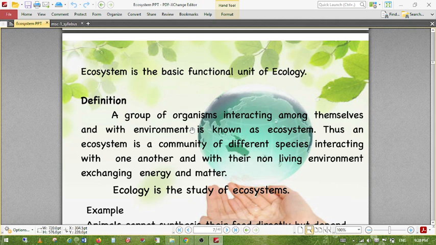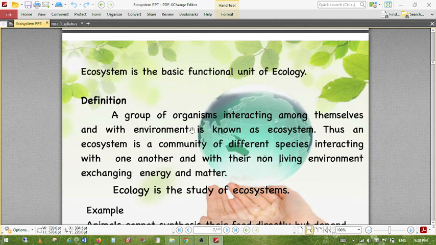So secondary consumers are primary carnivores. Important, primary carnivores or secondary consumers depend on the herbivores. For example, frog, cat, snake, small birds, etc. They do not depend directly on plant species.